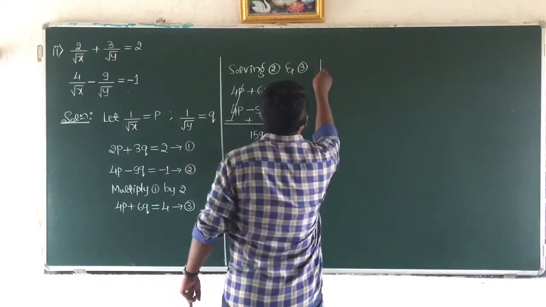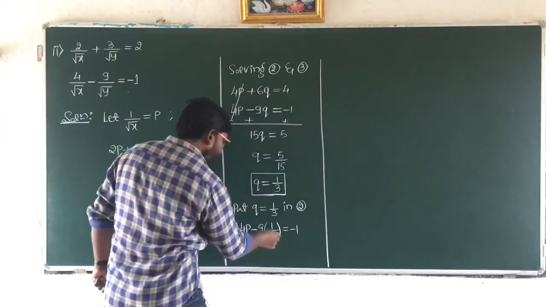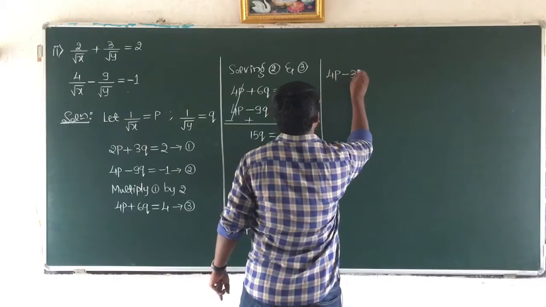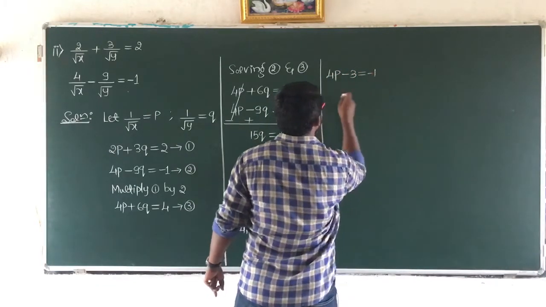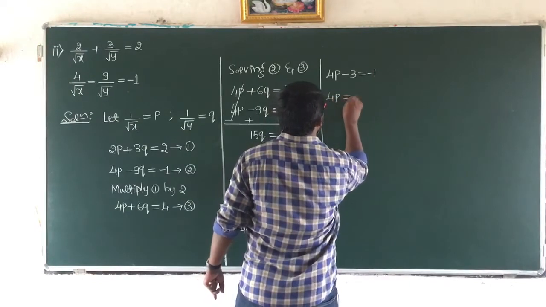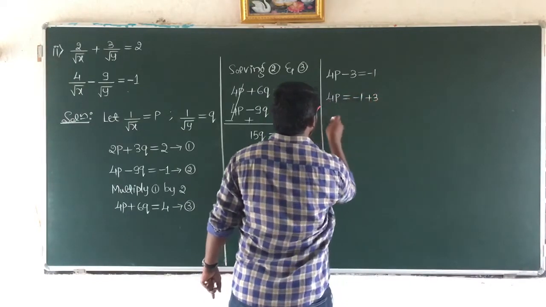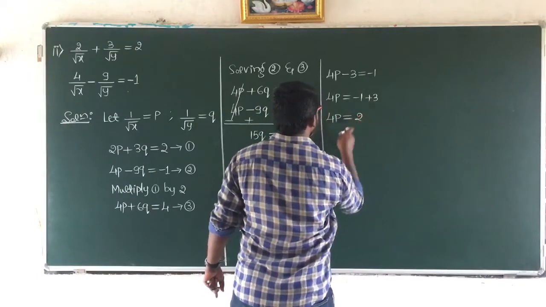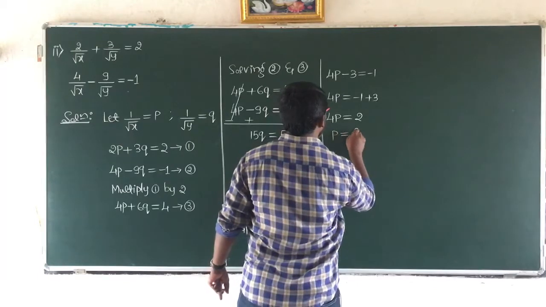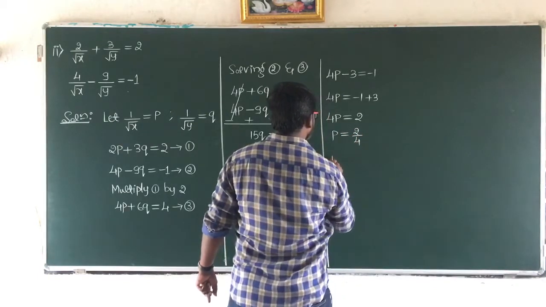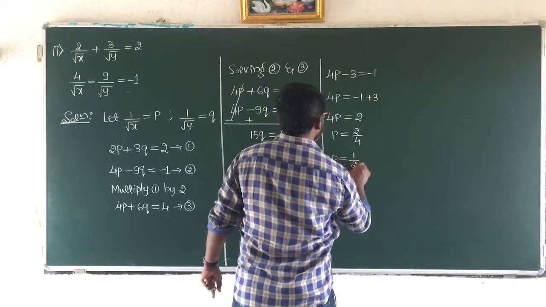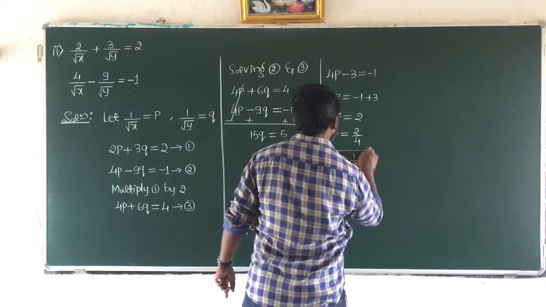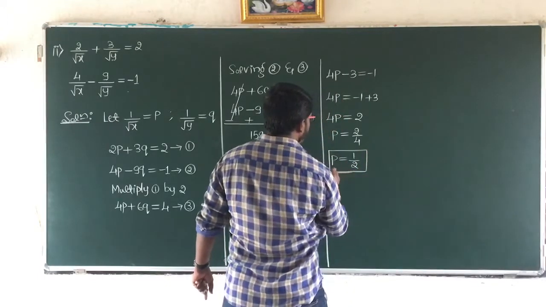Now see here, 3 1s are 3, so we get 4p minus 3 equals minus 1. Then 4p equals minus 1 plus 3, 4p equals 2. Then p equals 2 divided by 4, p equals 1 by 2. So we have got the value of p. The value of p is 1 by 2.